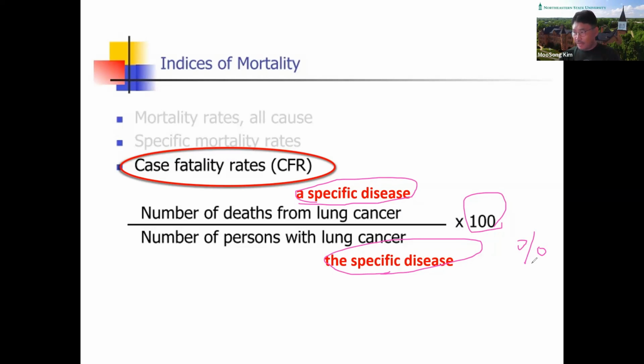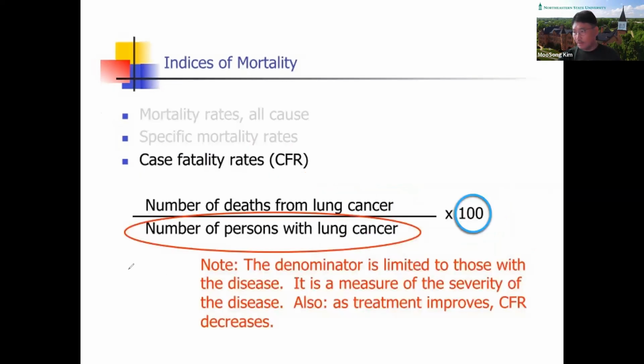Number of deaths from a specific disease over total number of people with that specific disease. So the denominator is limited to those with the disease. It's a measure of the severity of the disease, right? Okay, so we're going to work on this.